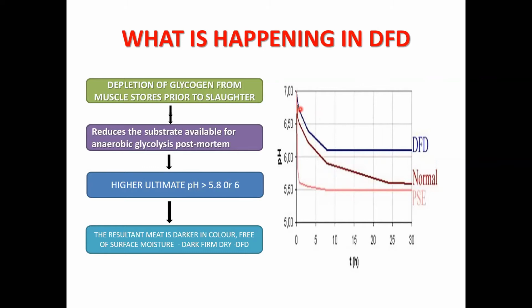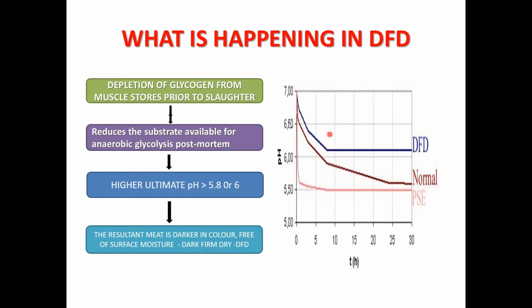During the anaerobic glycolysis, the glycogen resource, that is, the energy stored in the animal body in the form of glycogen, will be converted into lactic acid, and there is an accumulation of H plus ions from the lactate, which reduces the pH of the muscle. From 7 or 7.5, it will attain an ultimate pH of 5.4 or 5.6. I'm talking about normal meat, where the glycogen content will be approximately 1%.